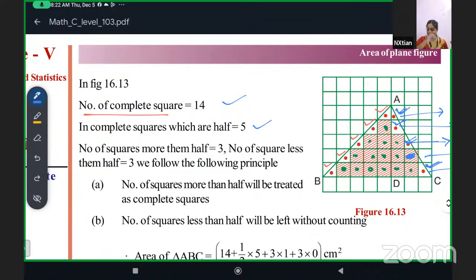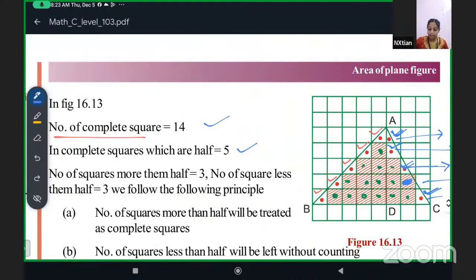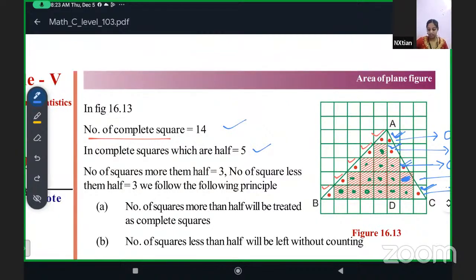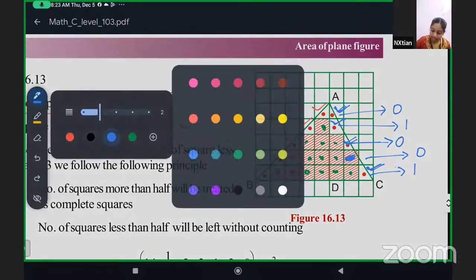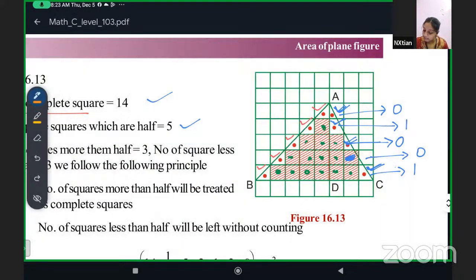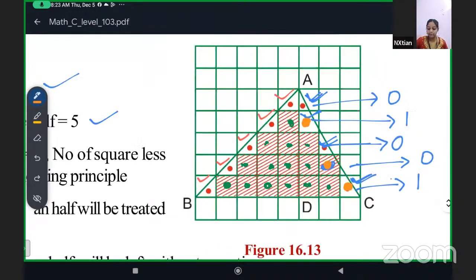We have 5, the ticked ones. Then the number of squares more than half. We have this one, more than half, this one, and this one. These three are more than half.